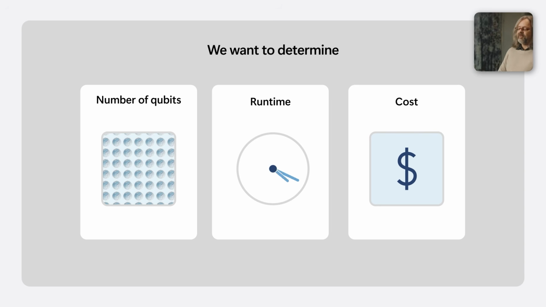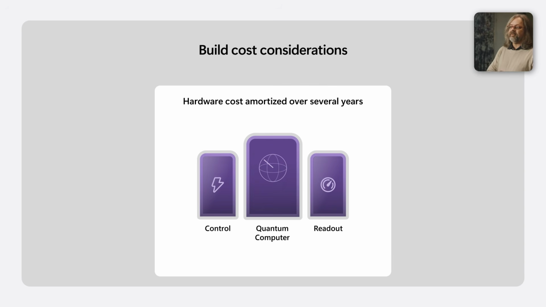That includes, on the one hand, the build cost. I need to pay for building the qubits, the control system, the readout system, the entire quantum computer. And I then need to consider amortizing the build cost over the lifetime of the machine.